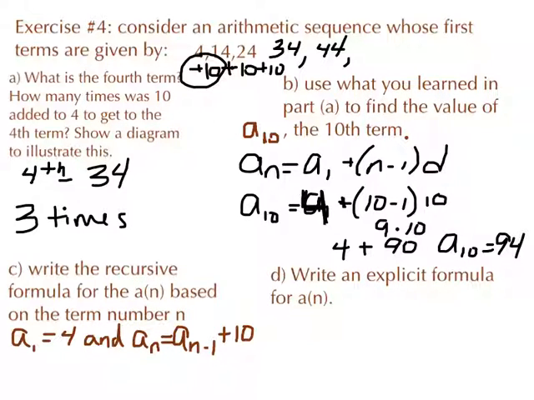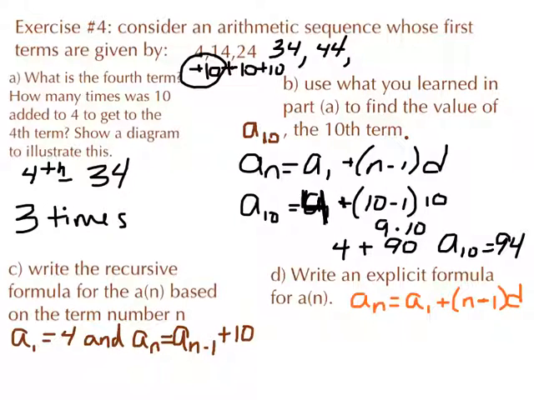What is the explicit formula then? Here's the explicit formula. Let me show it to you. It's a sub n equals a sub 1 plus n minus 1 times the d.